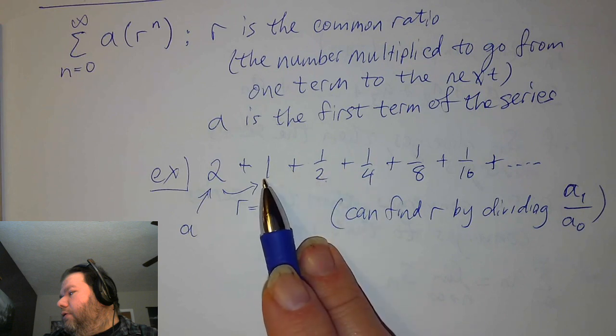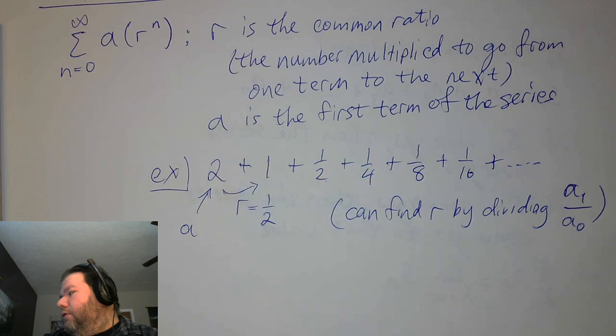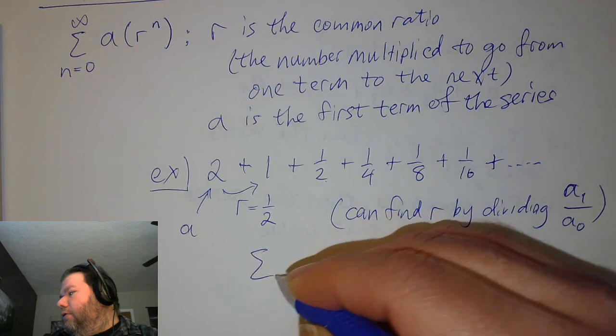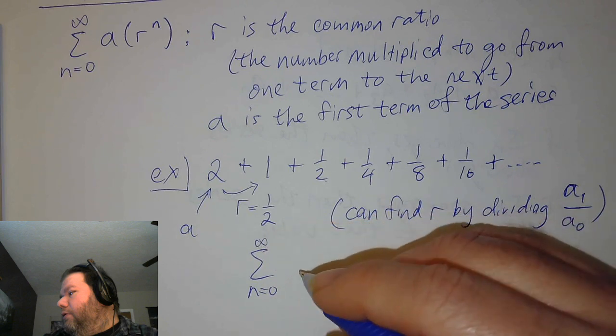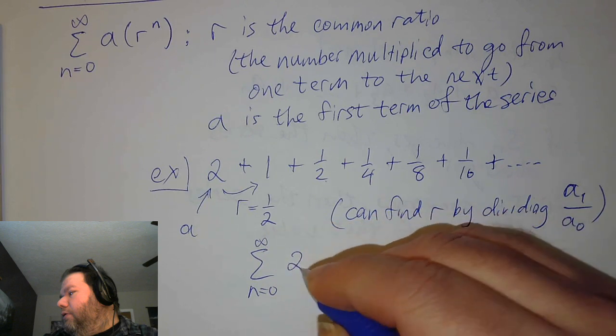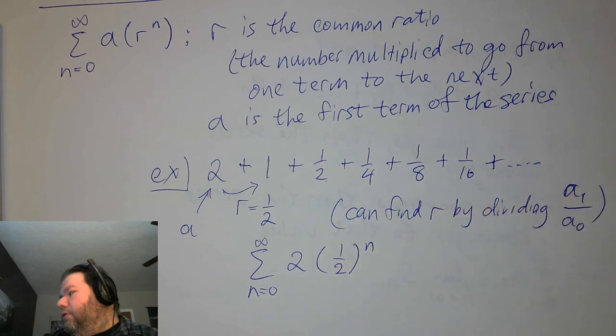So 1/2 divided by 1 is 1/2. 1 divided by 2 is 1/2, and so on. And that will be true for every consecutive pair of terms in this series. So we have a value of 2 for a and 1/2 for r. That means our sum, n equals 0 to infinity, is equal to 2 times 1/2 to the n.